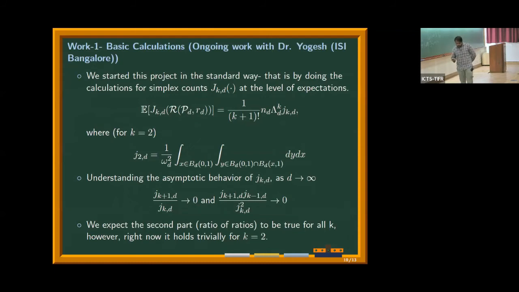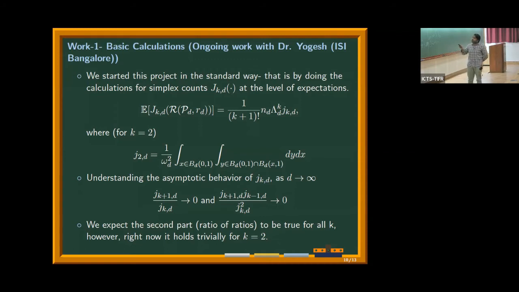We have started some basic calculations, and this is our ongoing work with Yogesh, who is an associate professor at ISI Bangalore. In this business, what people do is first calculate the number of simplex counts, and from there estimate the behavior of Betti numbers. So similarly, we did something here.